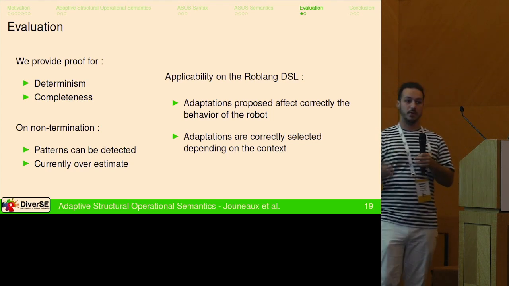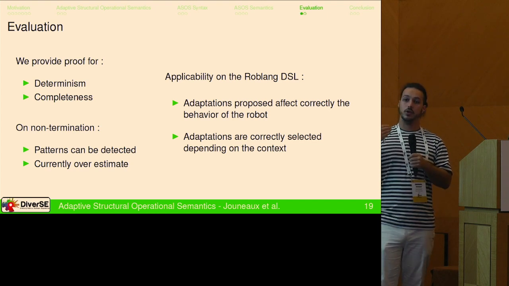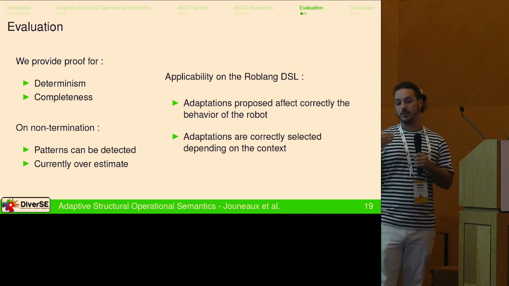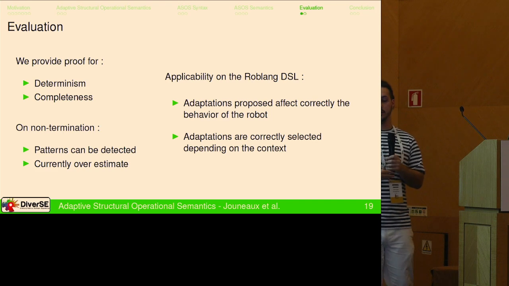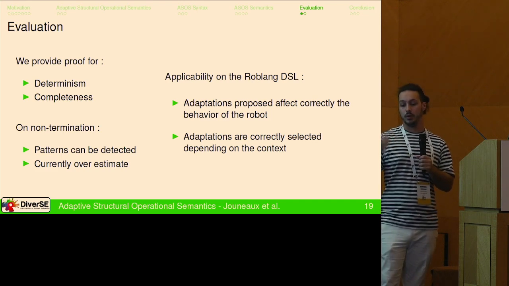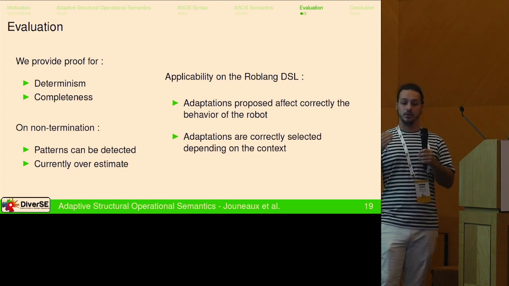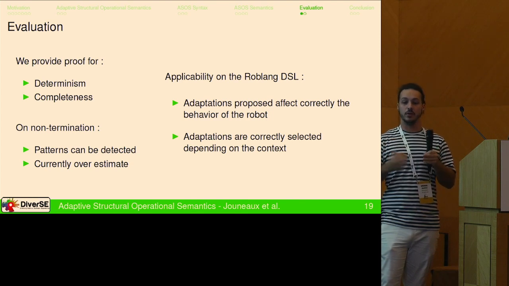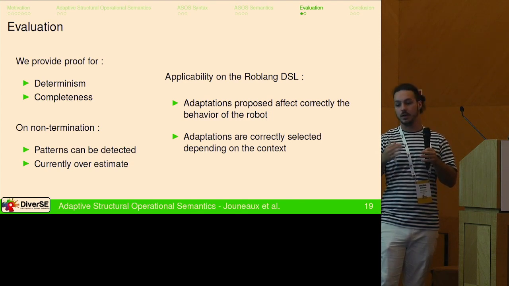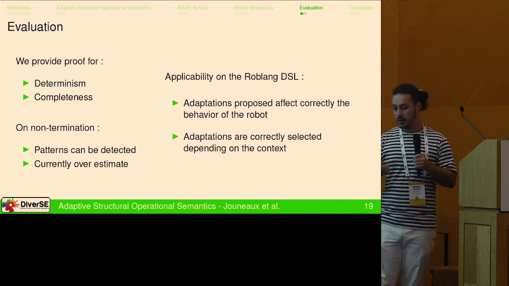But we currently overestimate because, for example, the concrete feedback loop steps are not yet modeled in the formal model. So, for example, we cannot detect that two adaptation rules would never create a race condition because the feedback loop made them never appear together.